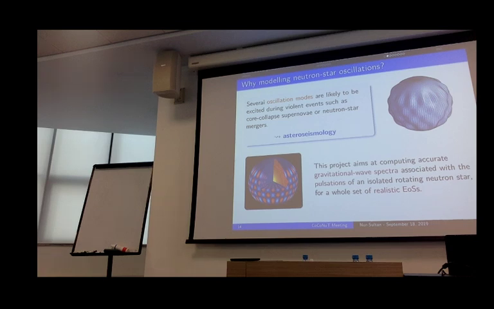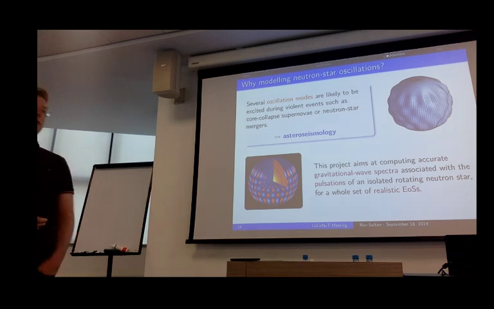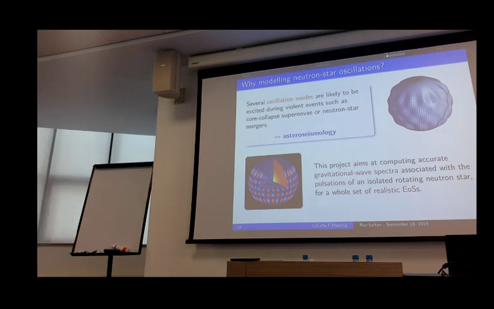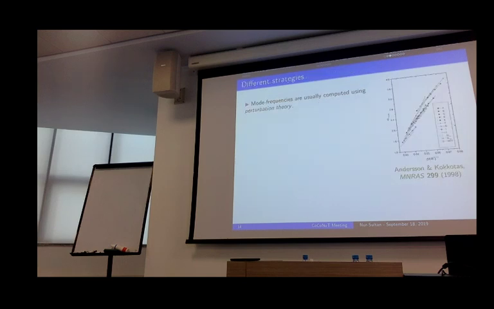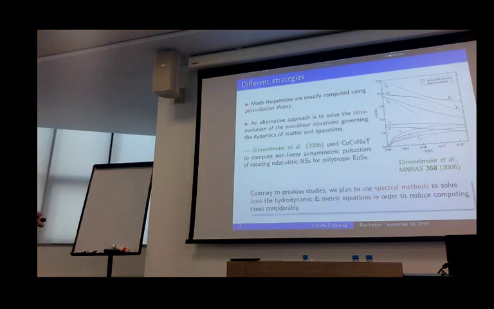Our aim is to compute gravitational wave spectra associated with these pulsations, for isolated neutron stars, for a whole set of unified equations of state such as the BSK ones that I mentioned earlier. So we just skip this one.